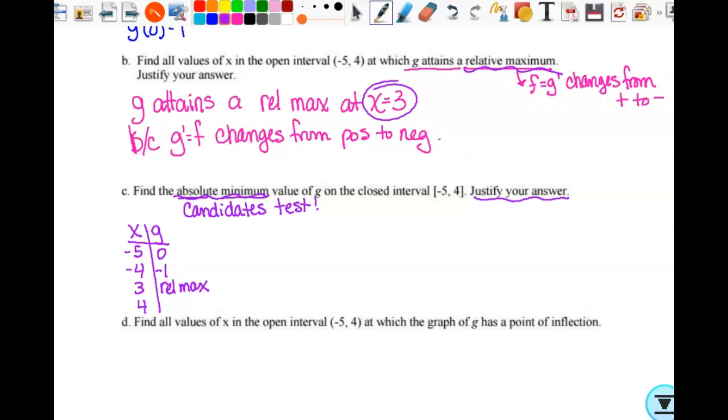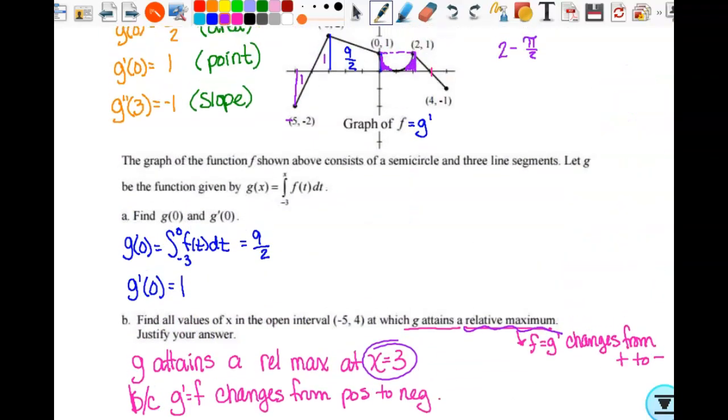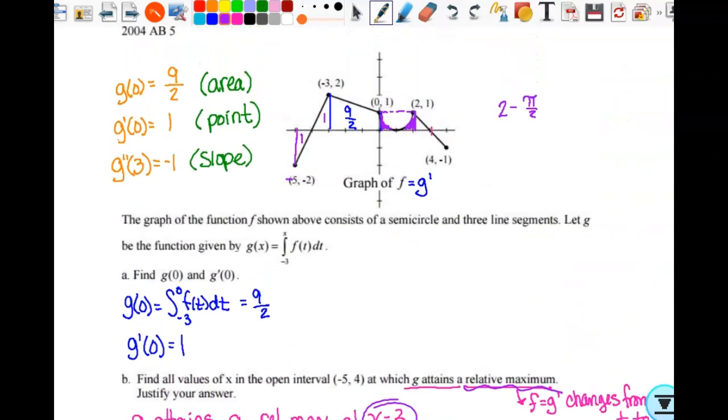When I want 4, so let's look at this. I'm going to go from negative 3 to 4. Then I'm going to have to add a little bit more there, right? But let's think about what's happening here. If I'm going from -3 to 4, tell me about this area, all of the area that I have.